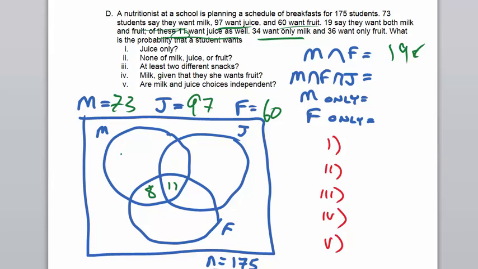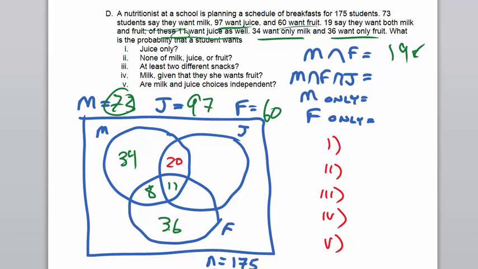That's awesome. I can just fill that number in, 34. Now I can finally start doing some things here. I know this is 42, 53, but there were 73 altogether in the milk circle, so that leaves me with 20 sitting in that intersection. That's good, so I figured something else out. And then next, 36 want only fruit.